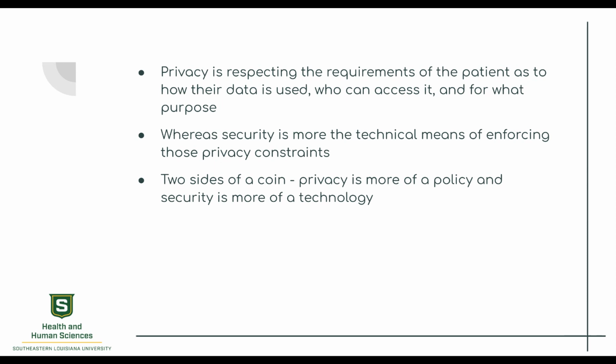So privacy and security are like two sides of the same coin: privacy focuses on the policy end, coming up with parameters, saying this is what this means and this is what that means, while security is more on the technological side, making sure that the parameters that have been come up with get enforced. That's a way of understanding how data security differs from, or is similar to, data privacy.